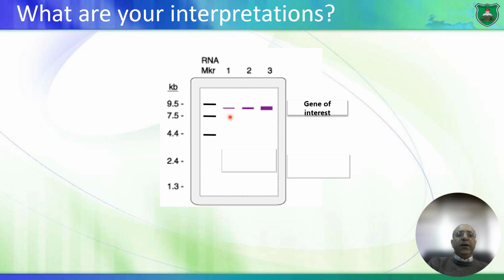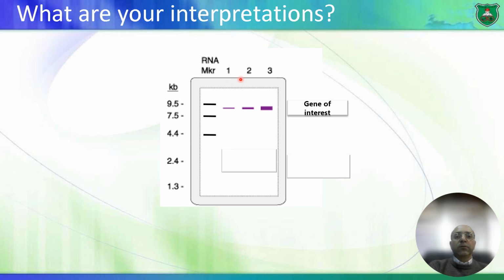One might say that in sample 3, or the sample at condition number 3, there is more expression of the gene of interest because there's a more intense band. Well, one might say, you know what? There is some sort of technical error. For sample 1, let's say we used 10 microliters of our sample.